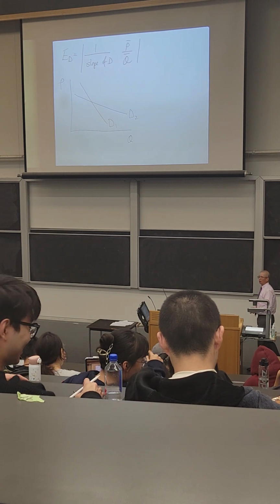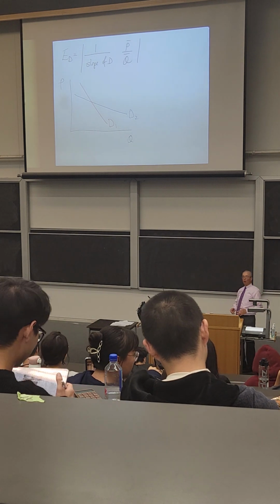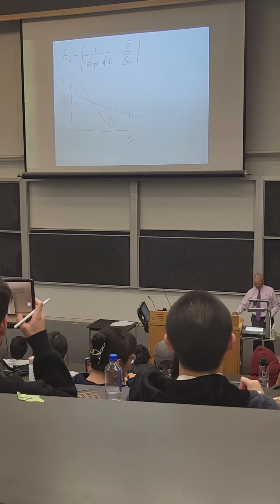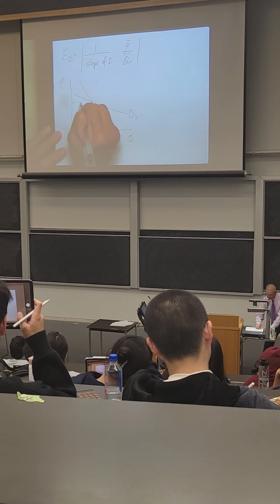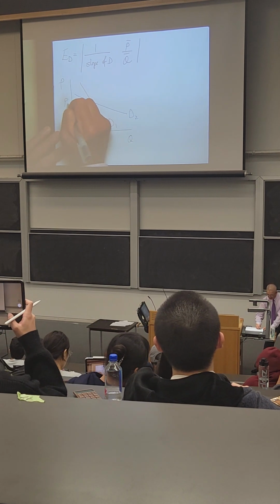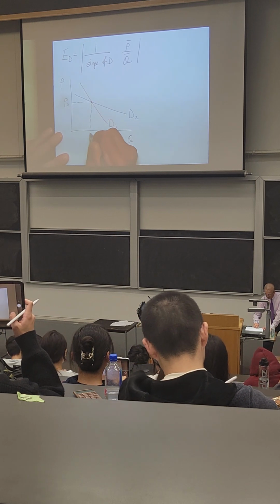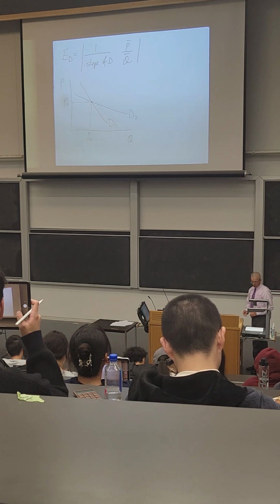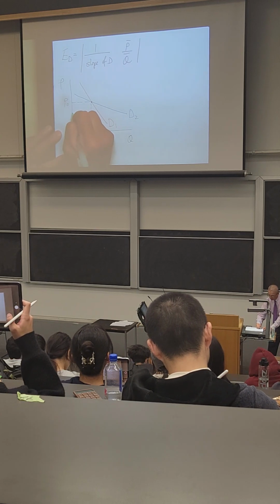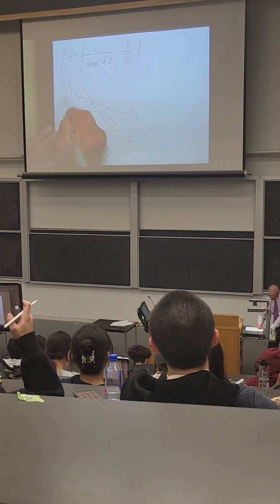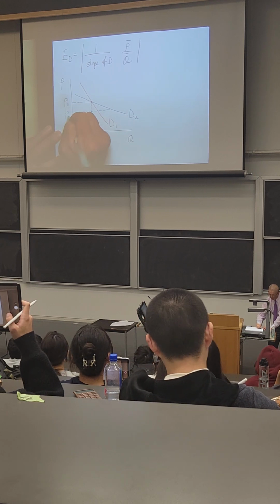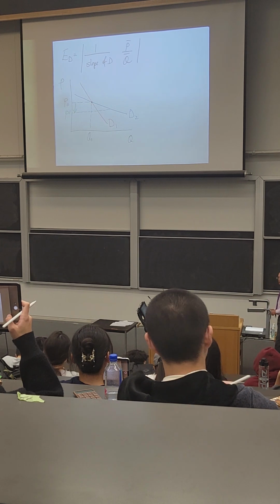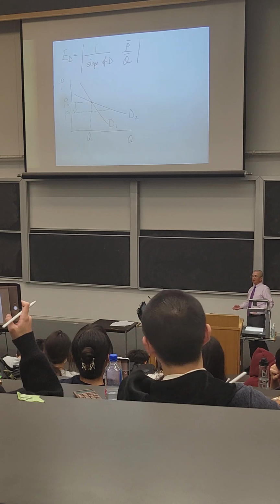So we have two demand curves, and which demand curve is more responsive to price change in terms of the quantity change? Let's start from here. Initial price, initial quantity. So if we change the price by the same amount from P0 to P prime, so the price drops, for both demand curves, the percentage change in price is the same.